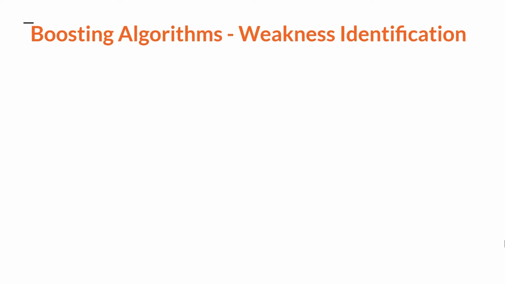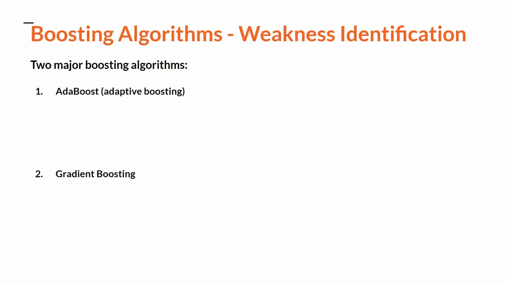Boosting works by identifying the weakness of the predictor. There are 2 major boosting algorithms. You have AdaBoost, which is short for adaptive boosting, and gradient boosting, which doesn't really have a cool way to shorten that name.